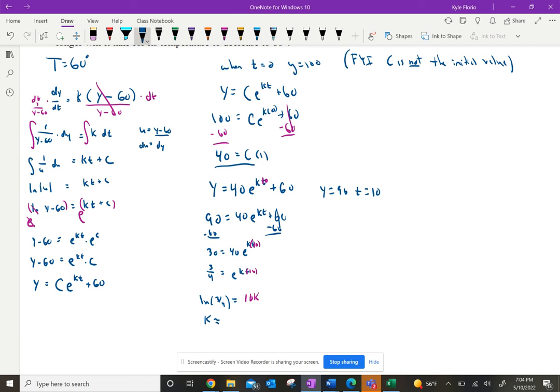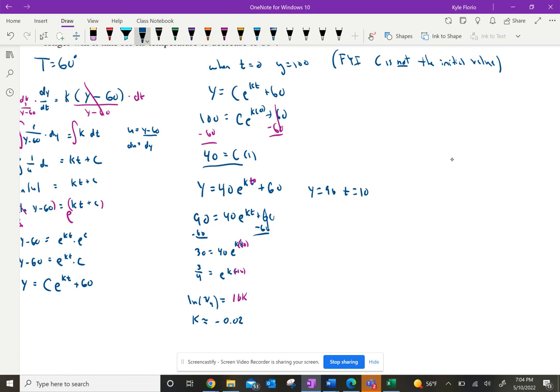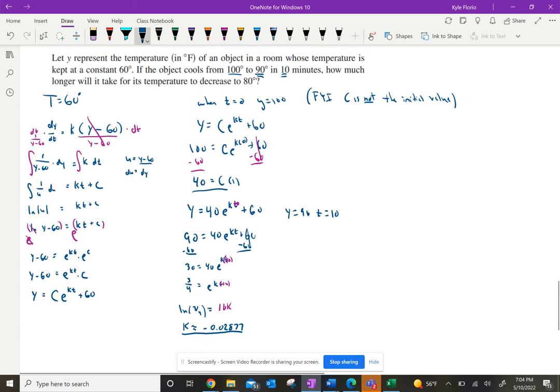And we get negative 0.02877. So now we got k and now we got c, and now we can actually build our actual model here.